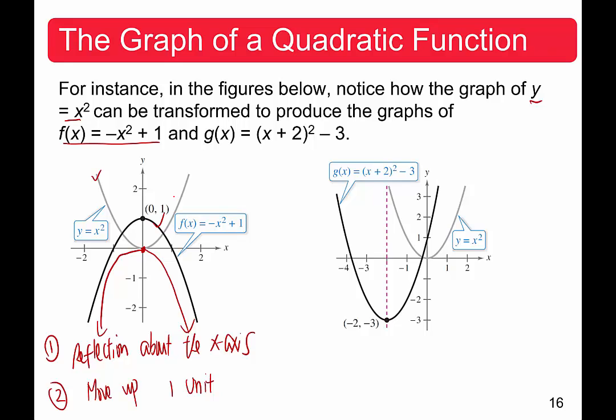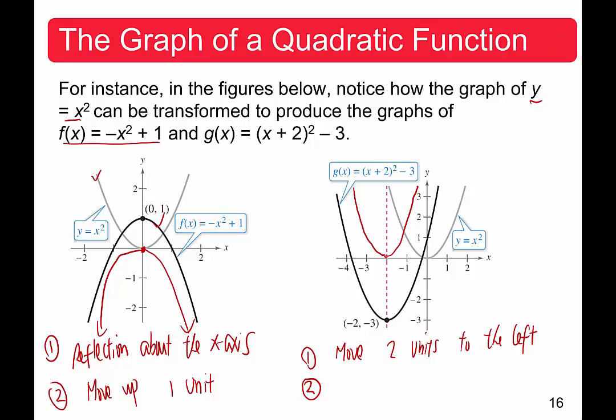And now the second function, second graph, we look at it. This is the parent function. First of all, we're going to shift the parent function 2 units to the left. So we come up with this. Let's write it down. Move 2 units to the left. Then second step, you're going to move down 3 units.